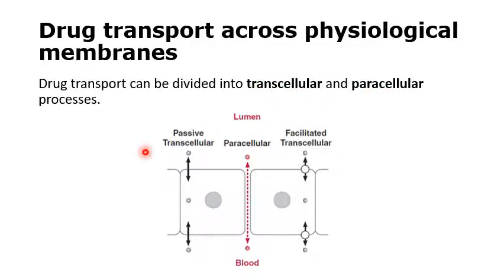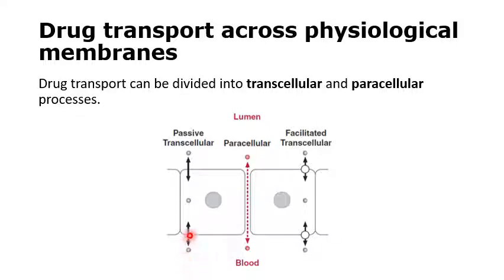For transcellular transport, it could be passive diffusion or passive transcellular transport, in which the driving force is the concentration differences between two sites. The drug movement usually occurs from the areas of high concentration to the areas of low concentration. Areas of high concentration usually is the lumen, and areas of low concentration usually is the blood.